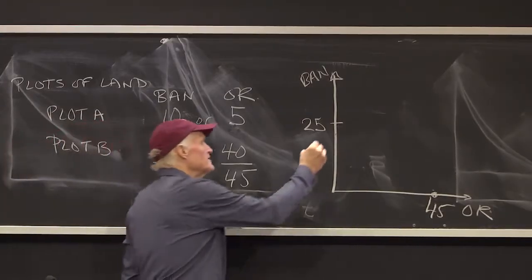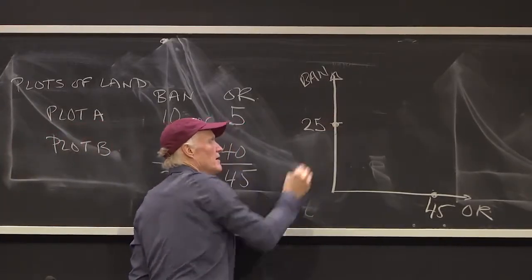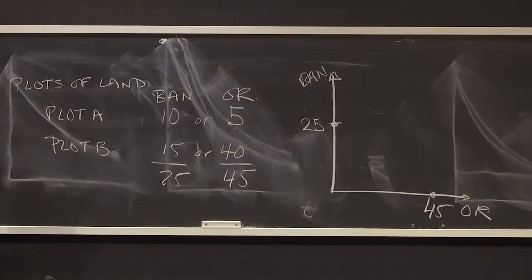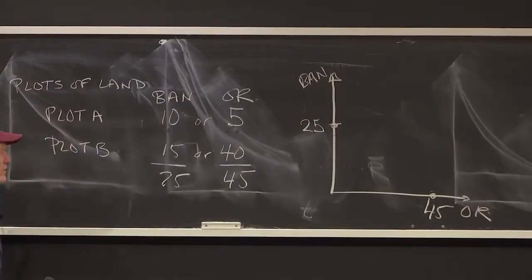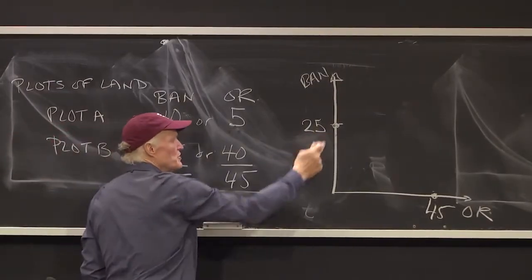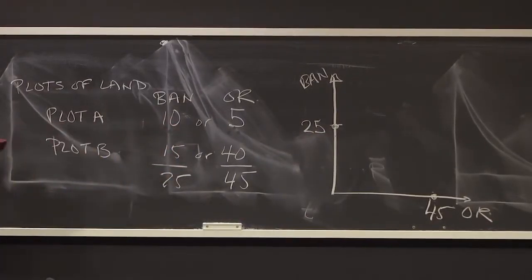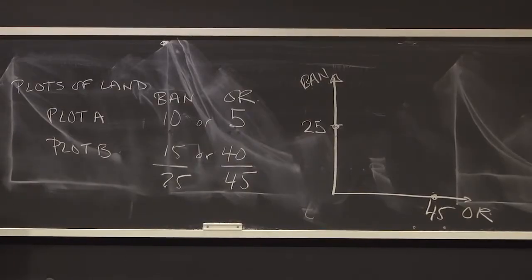What other possibilities does he have? If he wants to, let's start from this point. If he wants to produce oranges, where should he produce them? Why?